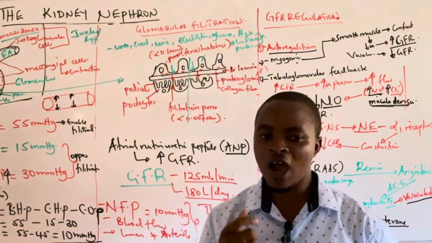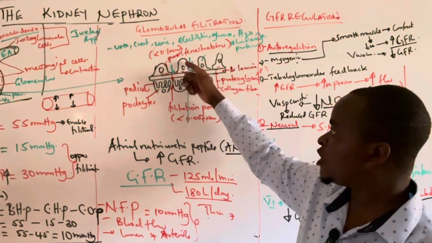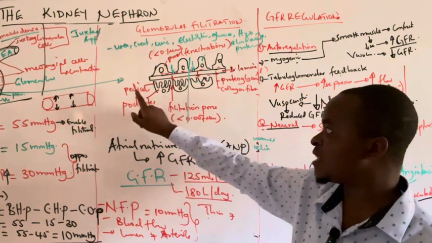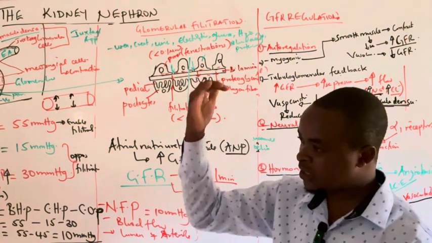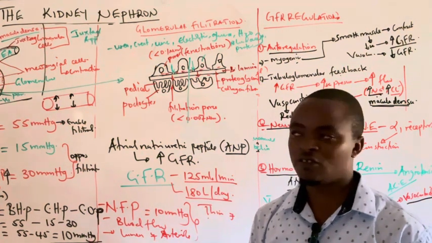And we saw how filtration occurs, whereby we saw the fenestrations, the basal lamina being negatively charged, and the podocytes having pedicels with small filtration slits, enabling smaller molecular weight substances to pass through and not allowing large ones to pass through.